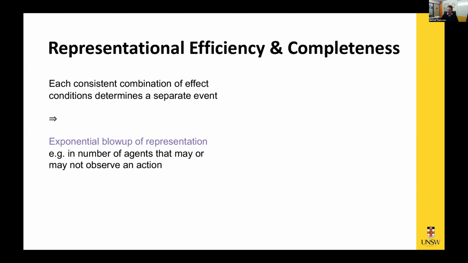On the other hand, we were also able to show that in this language, we can represent every multi-agent S5 event model, which is the standard class of models that is being used for epistemic planning.